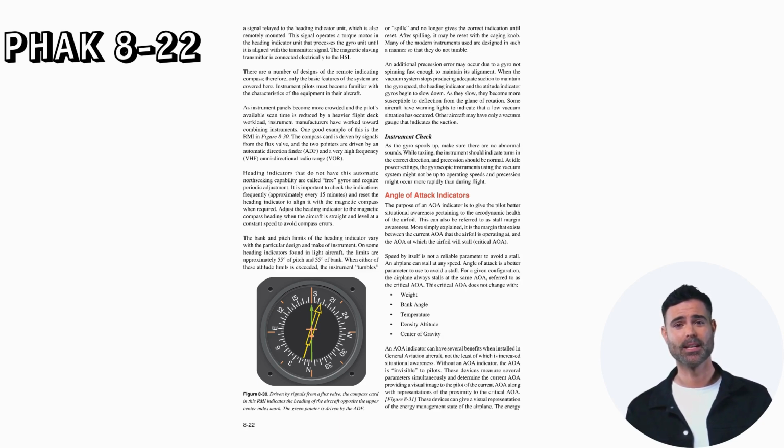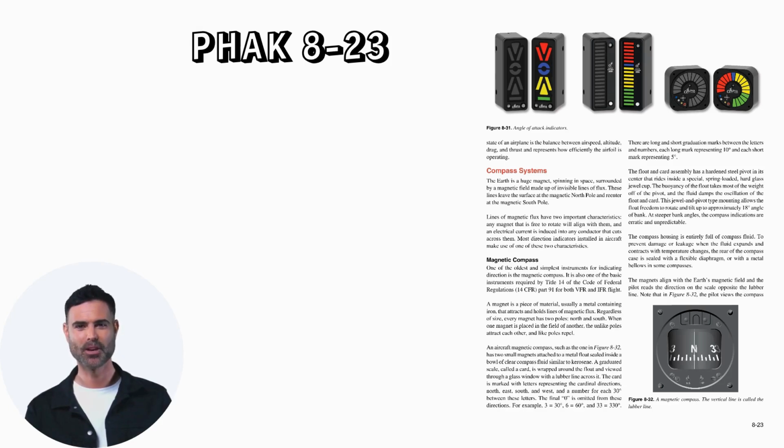These devices can give a visual representation of the energy management state of the airplane. The energy state of an airplane is the balance between airspeed, altitude, drag, and thrust, and represents how efficiently the airfoil is operating.